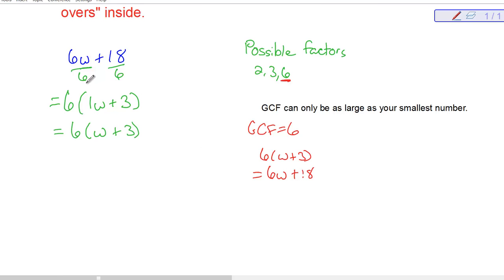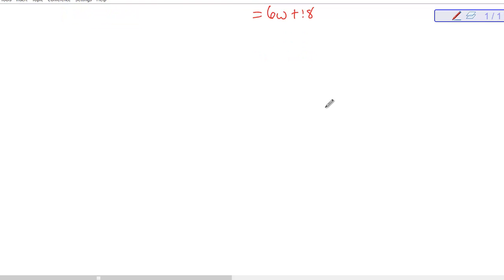Does that give me what I started with over here? Yes, it does. Therefore, this is factored form with my greatest common factor here. Now, I could have factored out only a 2 or a 3, but that would not have been my greatest common factor.